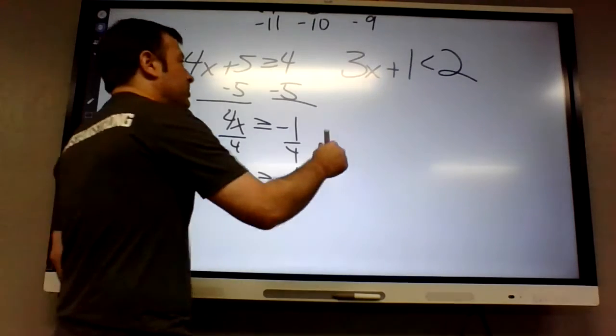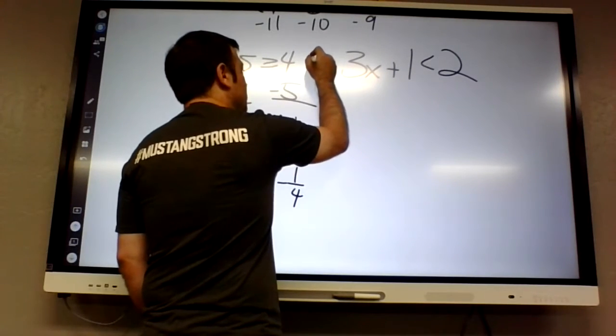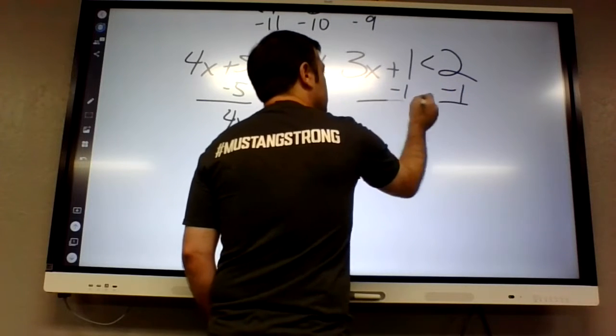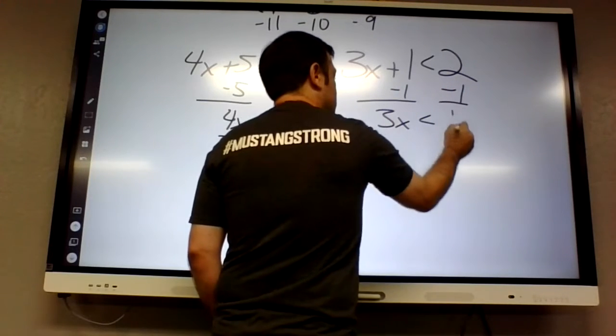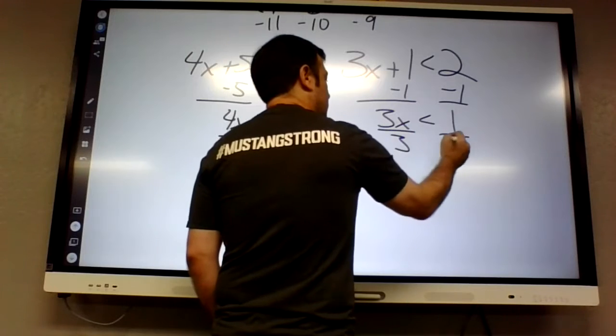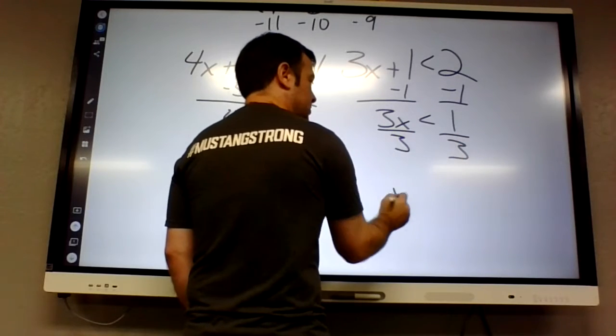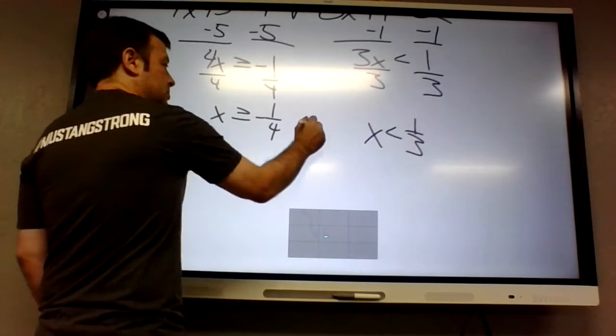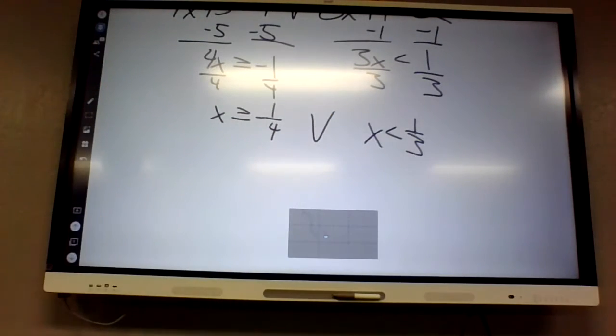Yep, okay. Just making sure. And this was an or, wasn't it? Yeah, it was an or. Okay, again, when it doesn't divide well, one divided by 3 doesn't work very well, so just leave it as 1/3.